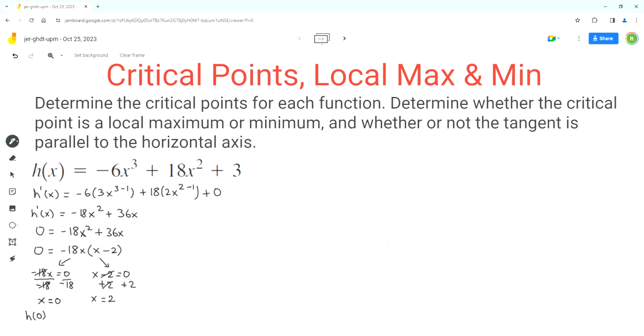So h at 0 is equal to negative 6 times 0 cubed plus 18 times 0 squared plus 3. Now the first two terms become equal to 0. So we are left with just 3. So the first critical point we got is 0, comma 3.